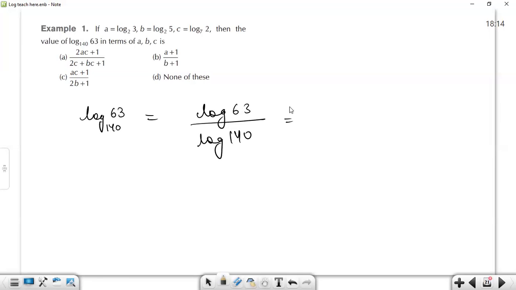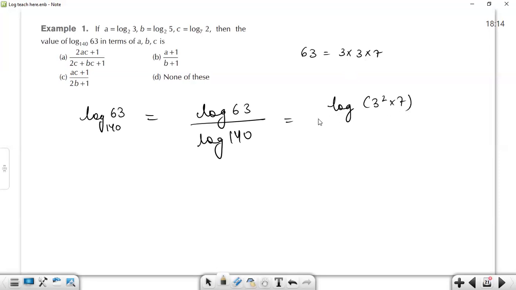So now what we are trying to do here is represent 63 and 140 in terms of 3, 2, 5, and 7. Let's do the prime factorization of 63. 63 is 3 into 21, 3 into 3 into 7, 9 into 7. So 3 raised to power 2 into 7.